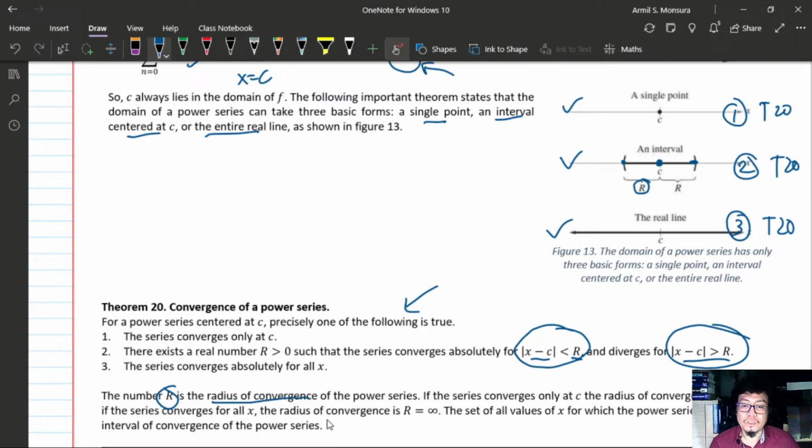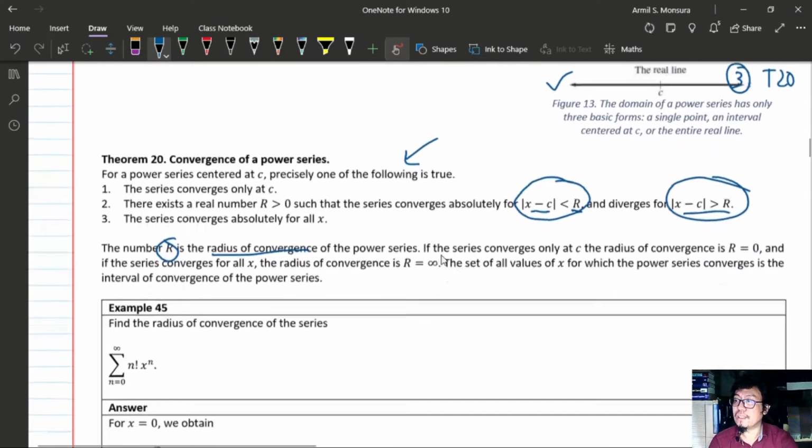It is measured from c up to a certain point, where the maximum distance between that point and c is R. That is where your power series would converge, and outside that interval, your series would diverge. So if the series converges only at c, we can consider the radius of convergence to be 0.